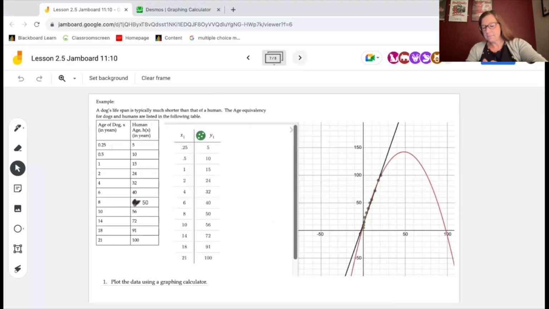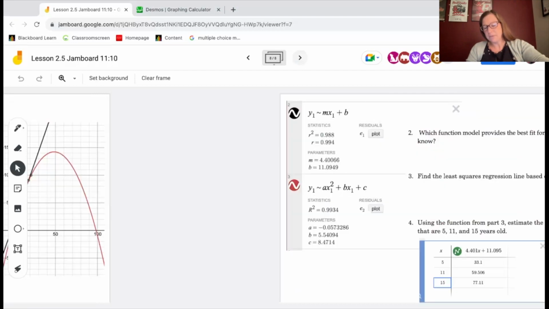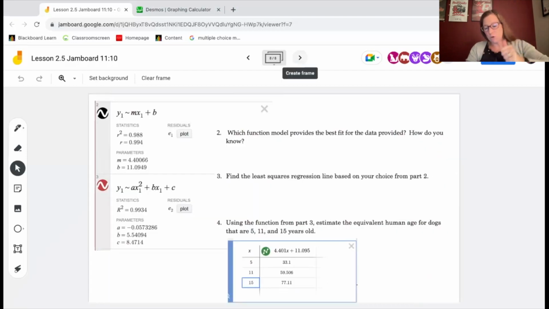Okay. Our next one is a dog's lifespan is typically much shorter than that of a human. The age equivalency for dogs and humans are listed in the following table. So instead of wasting time going through and entering the table, I'll let you go ahead and do that. Now that we have the table set up, you can go back and edit your table.